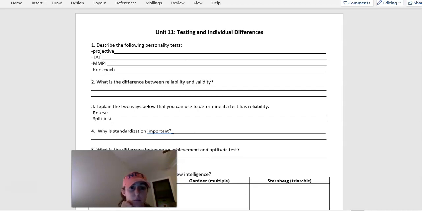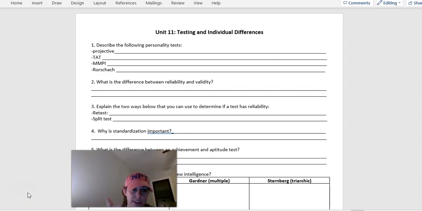So this first one, we already kind of talked about projective tests. Do you remember which ones? That was the ink blot test, the Rorschach, and then the TAT, the one where they tell the stories. But remember, a projective test is where they take their feelings and supposedly put it onto those images, onto that ink blot, or onto that TAT test.